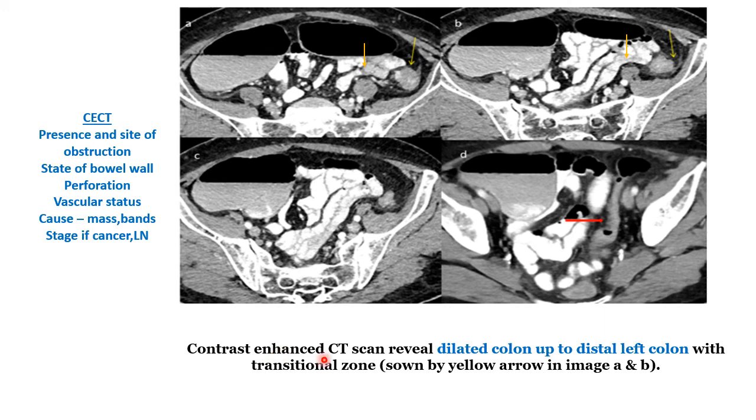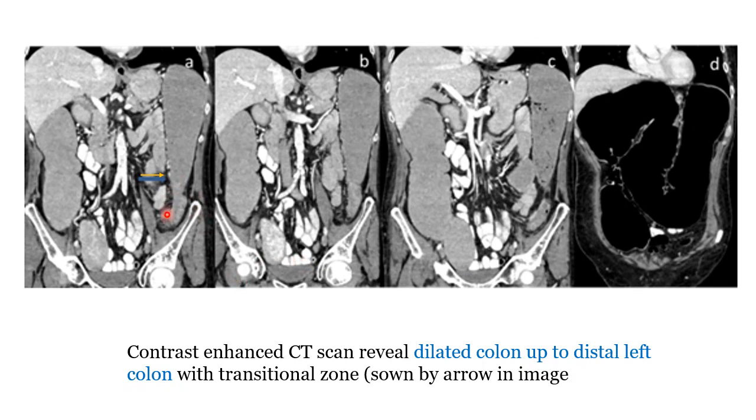In this case, this is a contrast CT showing dilated loops up to the distal colon. Here this sigmoid colon is okay, it's until the distal colon here. And in this next picture, you can see it also very clearly. This is the rectosigmoid junction here. The descending colon goes up and is dilated right until the cecum. You can also get a picture of the status of the wall, whether there is edema; thickness of the wall can be determined by the CT scan, whereas in plain X-ray you cannot do that.